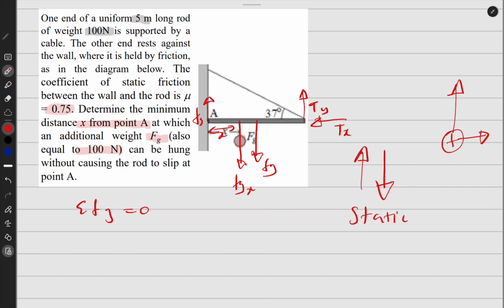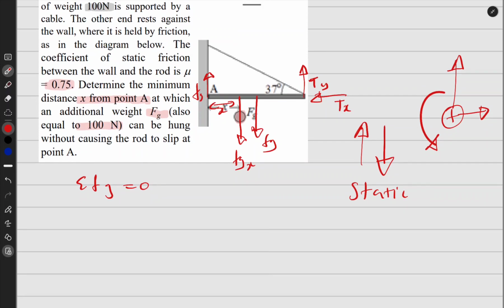And for moments, let me take counterclockwise as positive. This is my sign choice. You can use any sign choice of your own, you're still going to land on the very same answers. So you can use any signs and comment in the section if you have any problems with that. Hopefully you won't. I trust you.